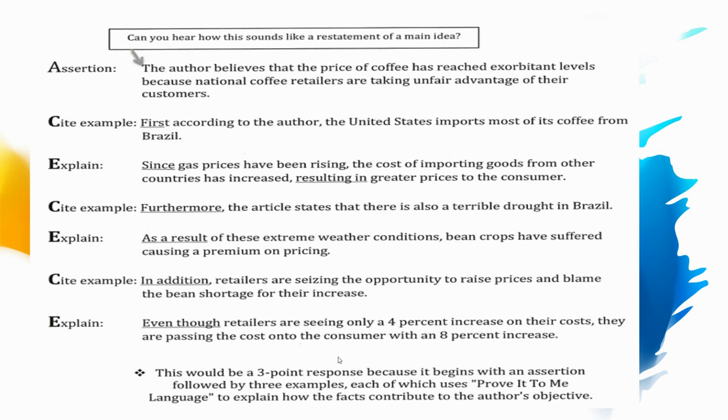Even though retailers are seeing only a 4% increase in their costs, they are passing the cost onto the consumer with an 8% increase. This is a 3-point response because it begins with an assertion and then it gives us 3 examples. So we have an example, an example, an example. And all of the underlined phrases are prove it to me language that is explaining how the facts contribute to the author's objective.